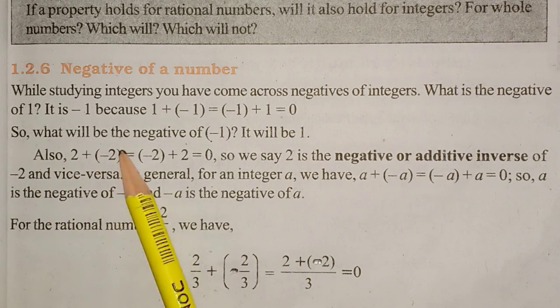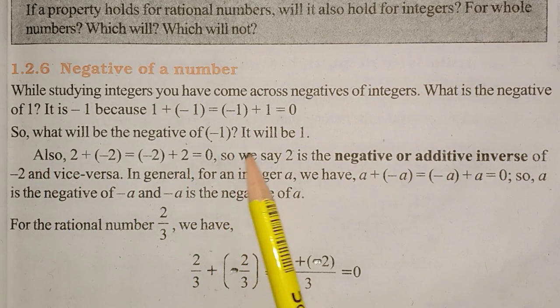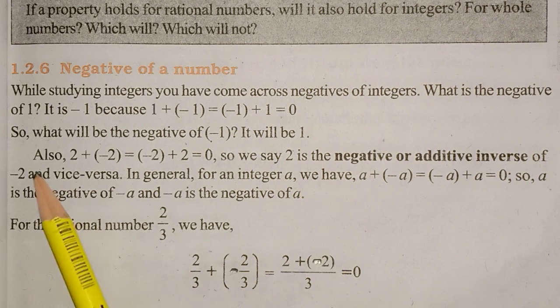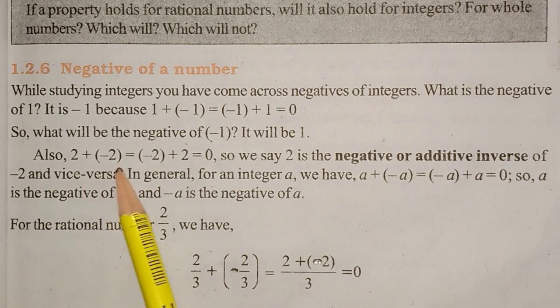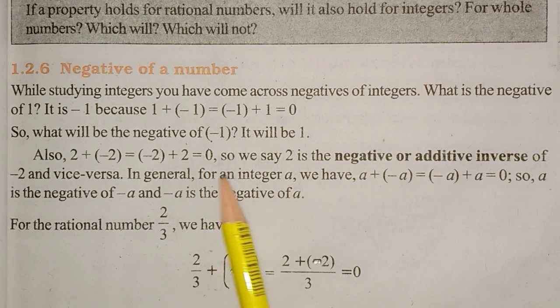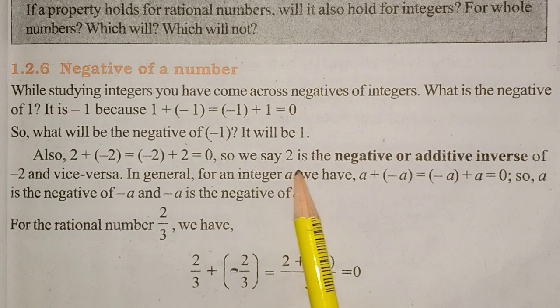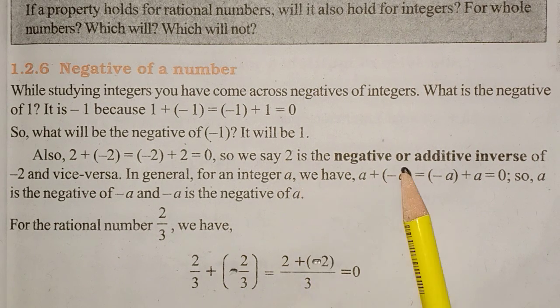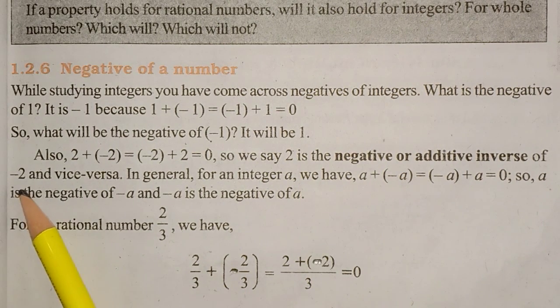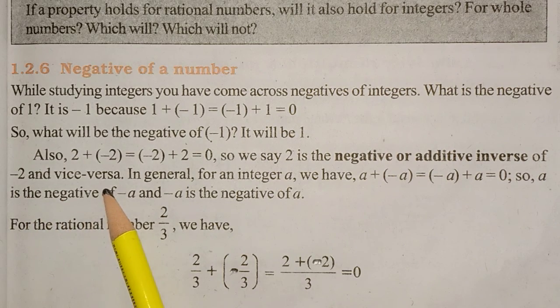So, what will be the negative of minus 1? Of course, it will be 1. Also, 2 plus minus 2, or minus 2 plus 2, gives the answer 0. So we say 2 is the negative or additive inverse of minus 2, and vice versa.